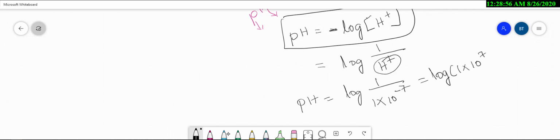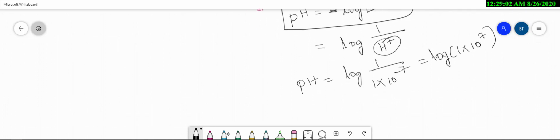So if the denominator value is negative, it becomes positive in logarithmic conversions. So again, this can be written in the logarithmic value. How can it be written? In terms of logarithmic products, log 1 and multiplication becomes plus.